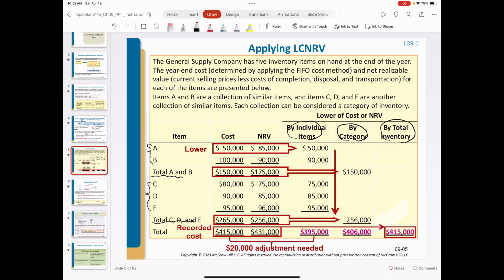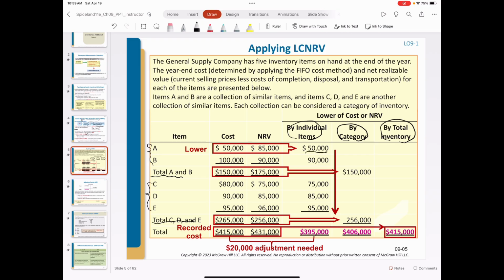C, D, E are the second category. If we apply LCNRV at the product level or individual item level, we basically compare the cost and NRV of each item. So for example, for product A, cost was 50, NRV was 85.